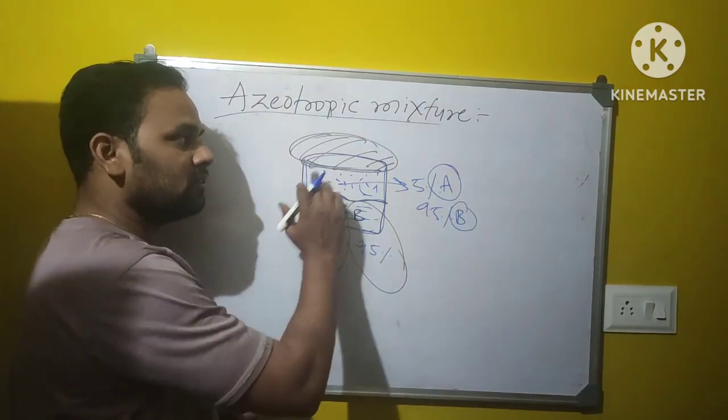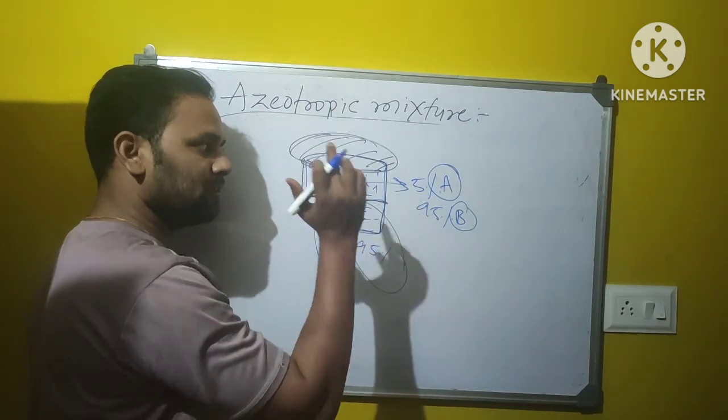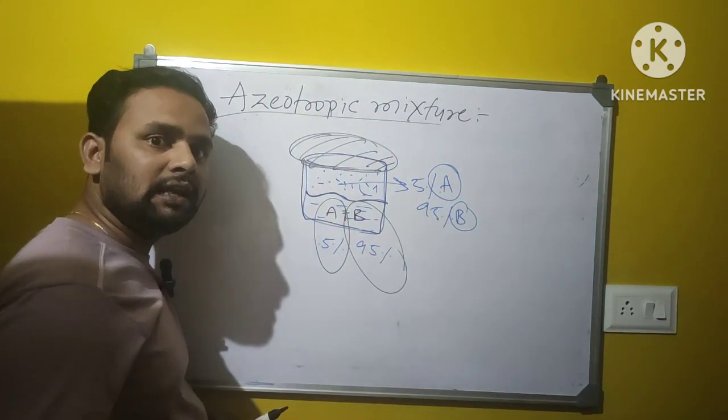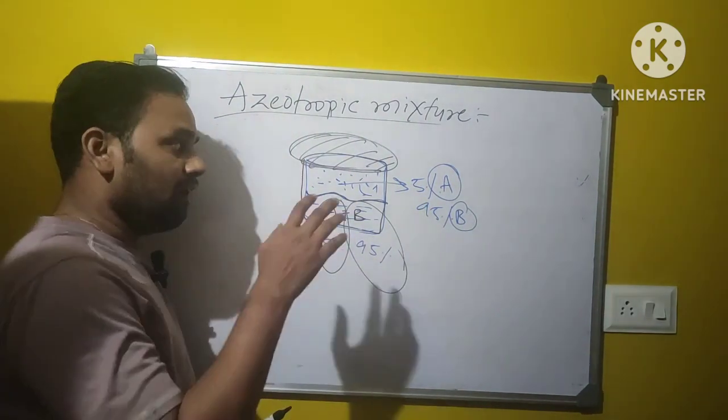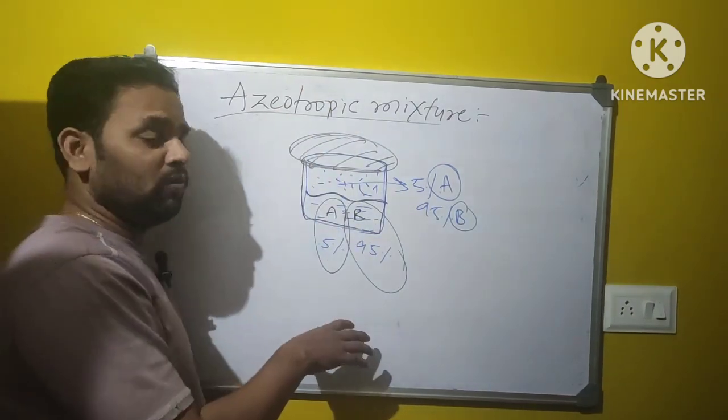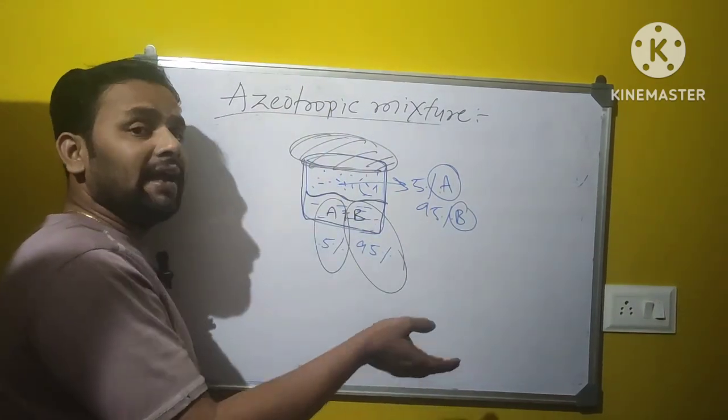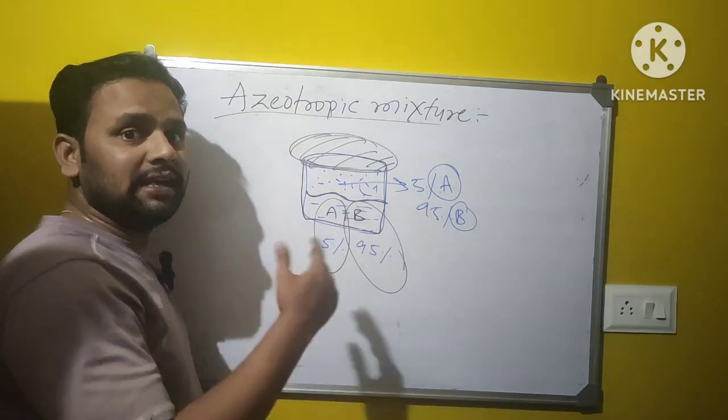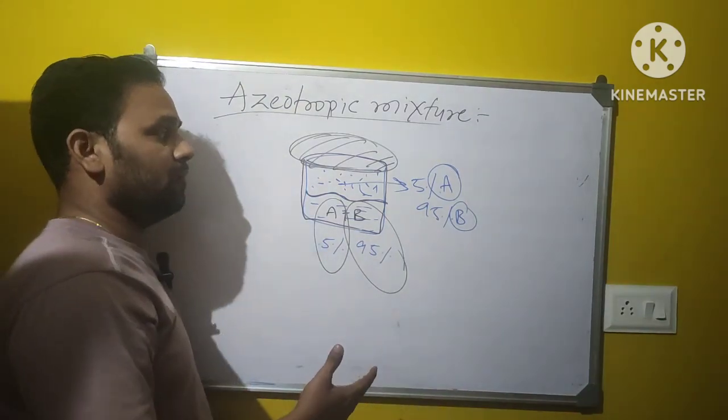In vapor state also, percentage of A is 5%, B is 95%. Individually, A and B have different boiling points.